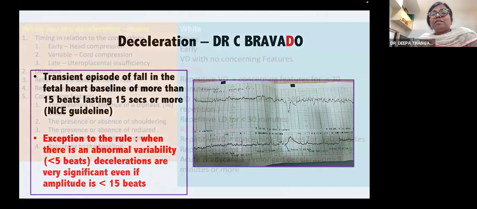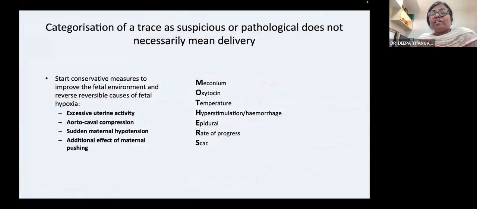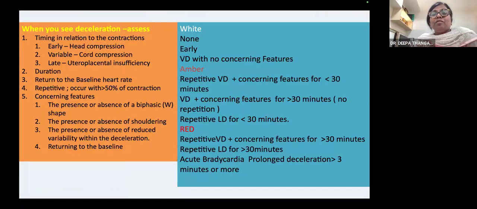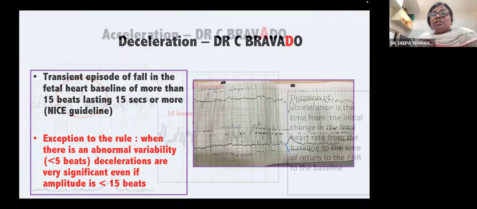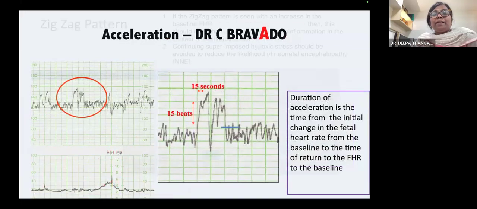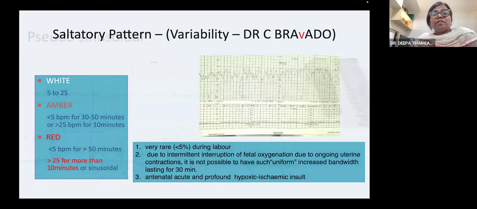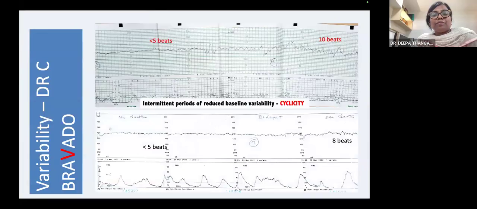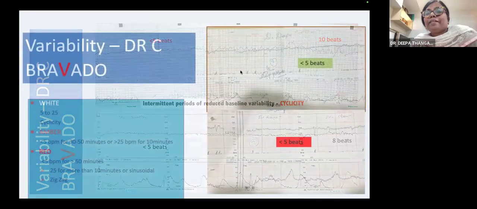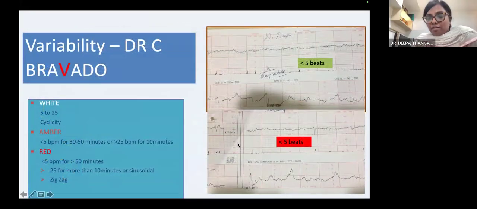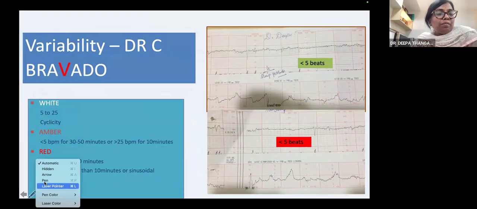There are some CTGs like this. I will show it whenever I get that paper. These are all 5-beat CTG papers. We'll see whether I have one CTG paper or not. Exactly, this paper has 10 beats in a small square.